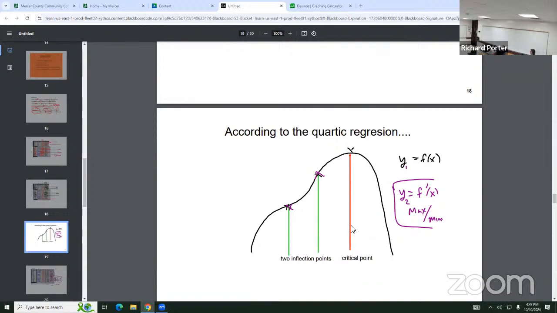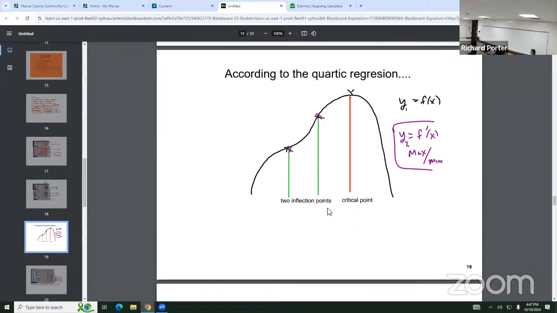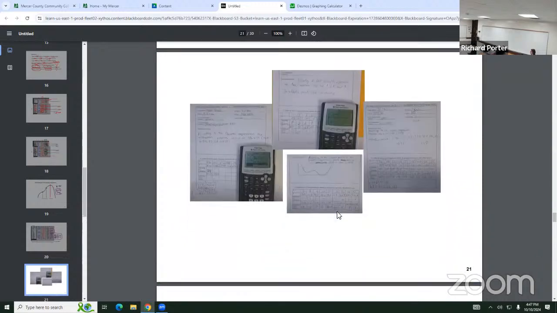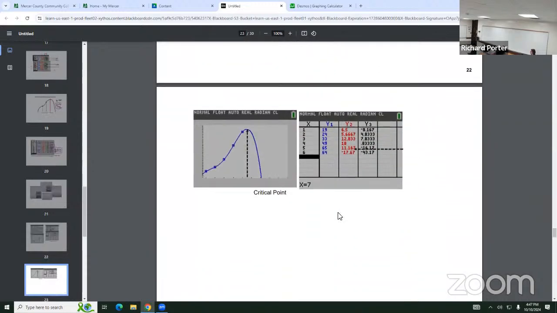One of the things you have to do for the analysis of functions, which is not due next time but the time after that, is make sure you have at least one max or min, one critical point that works, and at least one inflection point. It's possible to have one or the other and not both, in which case you have to do two regressions.